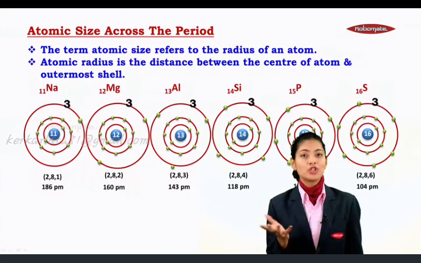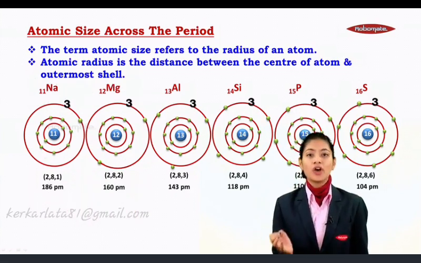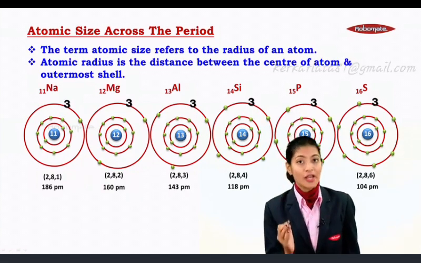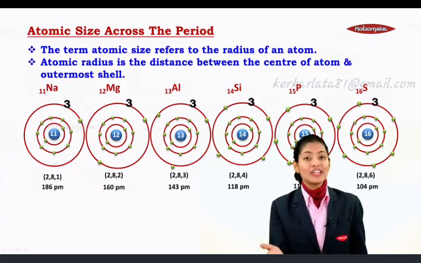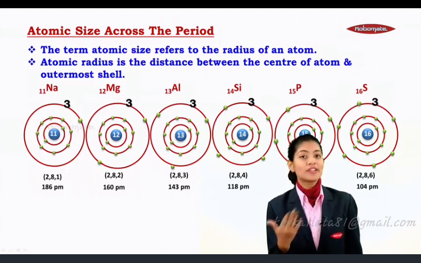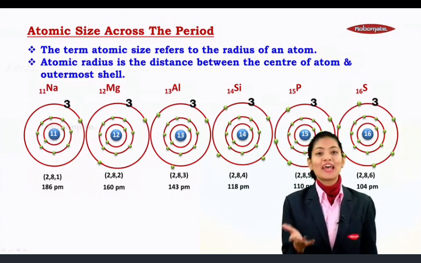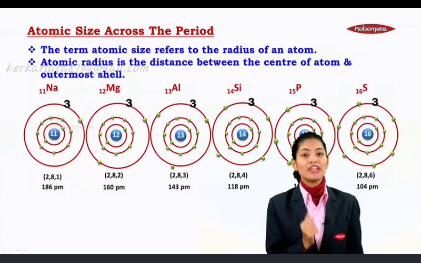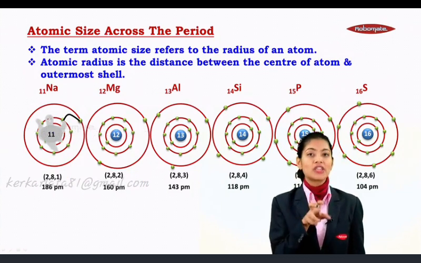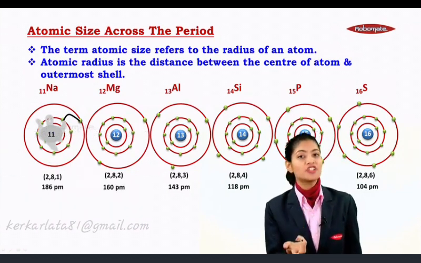So, the size should ideally be the same, but not in this case, because their shell number remains the same, but their atomic number increases as we move from left to right. As the atomic number increases, the proton and the electron number also increase. And if you have protons and electrons, they will attract each other by a force of attraction.